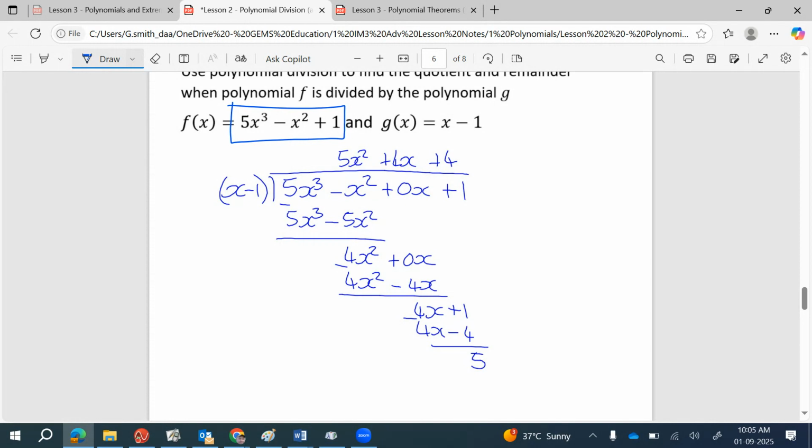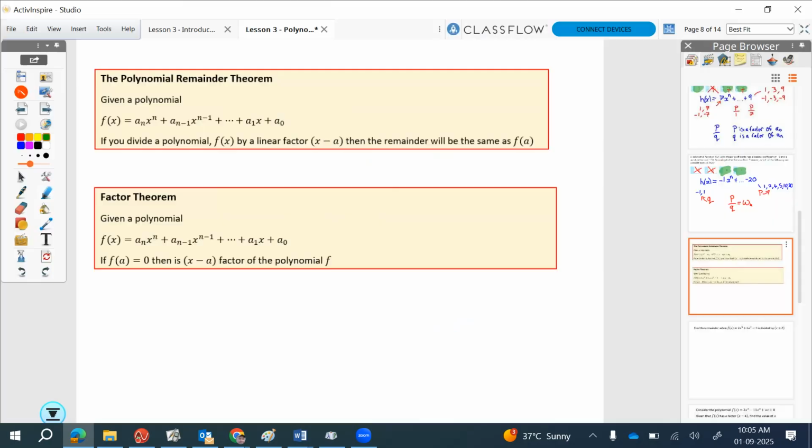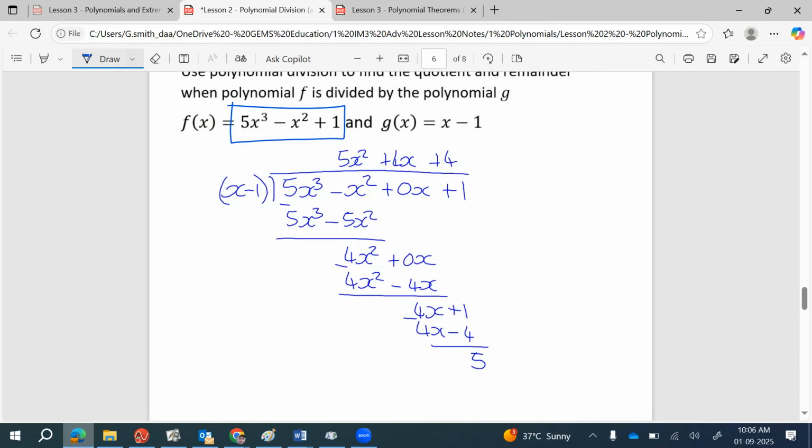Let's go back and read the theorem carefully. Is it 1 or negative 1? What is the value of a? 1. Can we see there in the theorem that a is 1? Yes. So what this theorem tells us is that f of 1 is going to be 5.